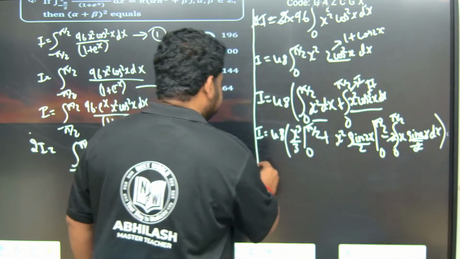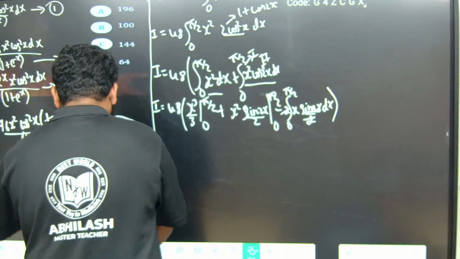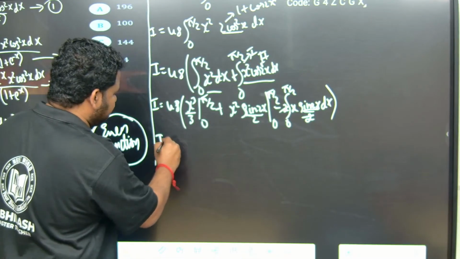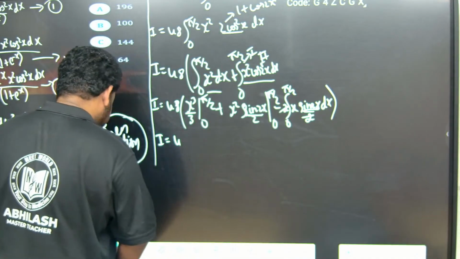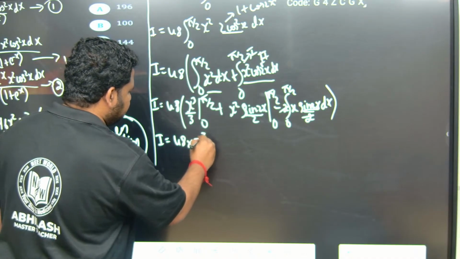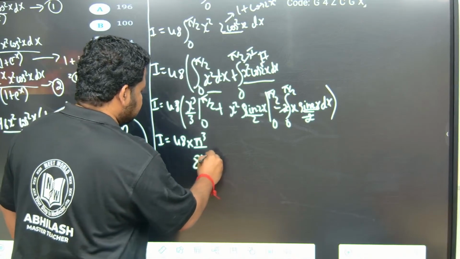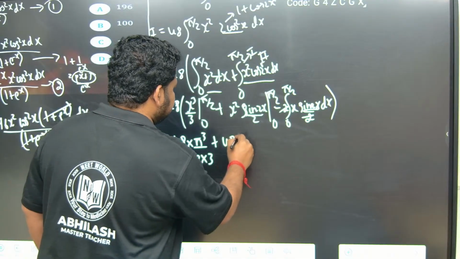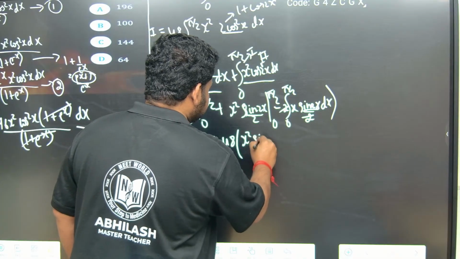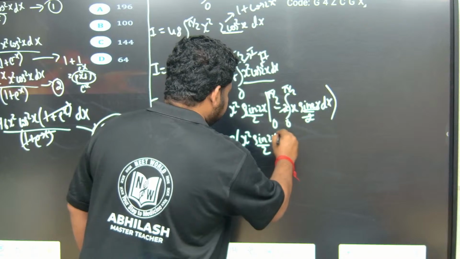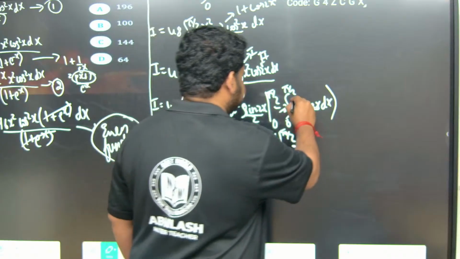For the next step, let me use some more space. You can follow this now. I will be equal to 48 times, I can write it directly here, 48 times pi cube by 2 cube, which is 8, into 3, plus 48 times x square sin 2x by 2, 0 to pi by 2, minus integral of this. x will remain as it is, that is the first function, this is the second function.